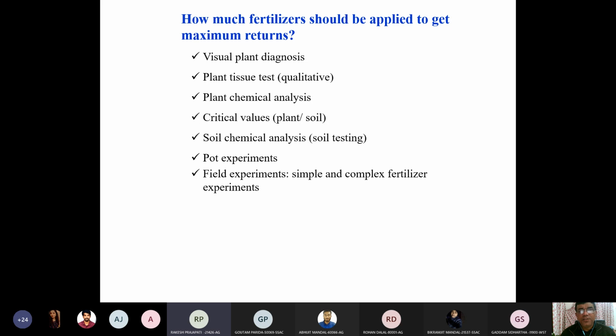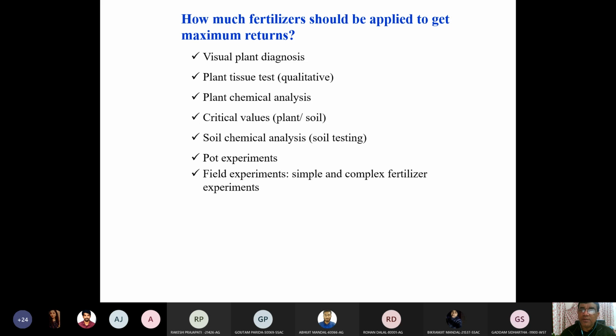Yes. See, in the plant tissue test, we simply take the plant tissues and crush them in a pestle and mortar. We put in some solution and then we see the development of the color.